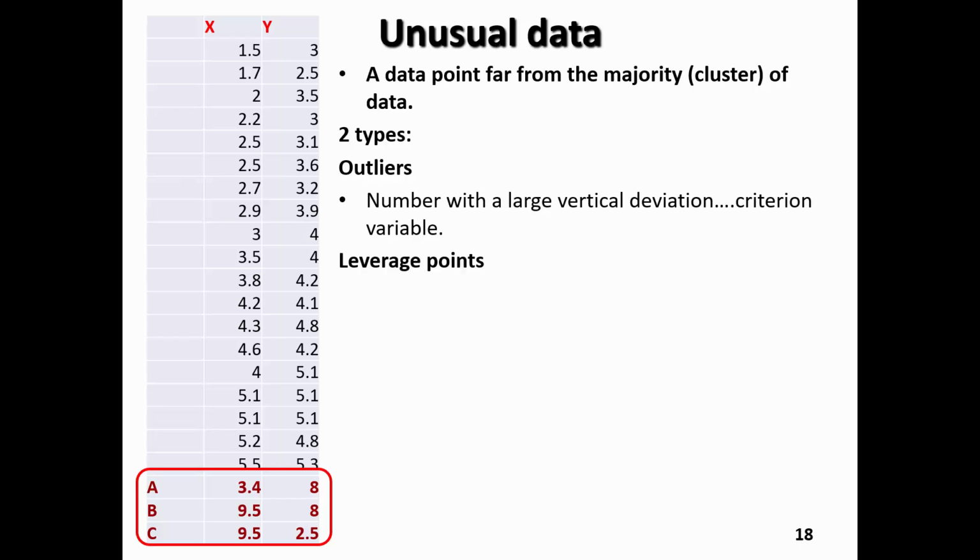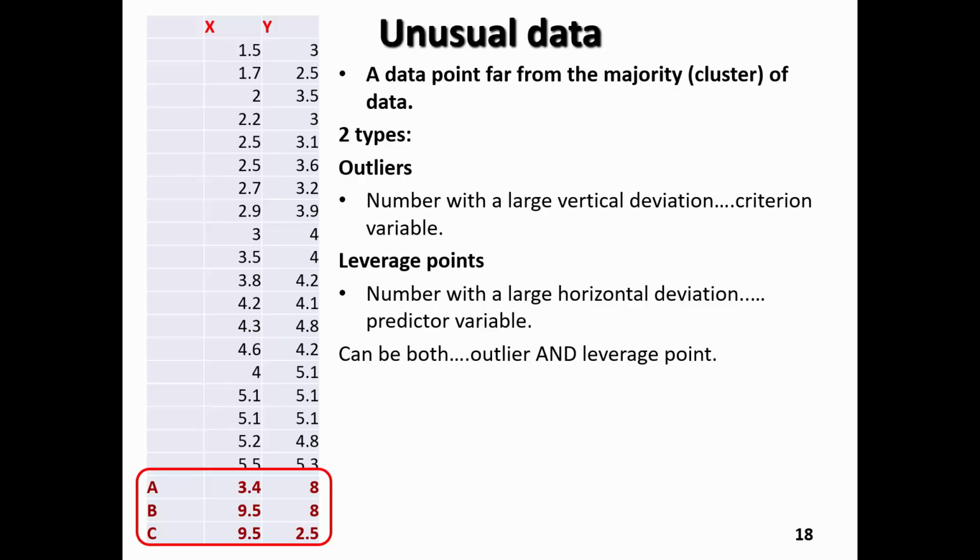The second type of unusual data point is the leverage point. The leverage point is specific to the predictor variable, a value that has a large horizontal deviation. It's important to note that a data point on a scatter plot can be both an outlier and a leverage point.